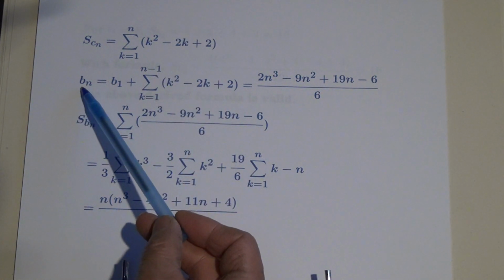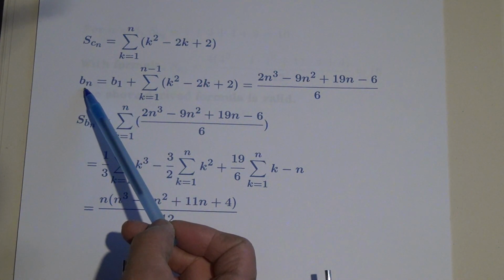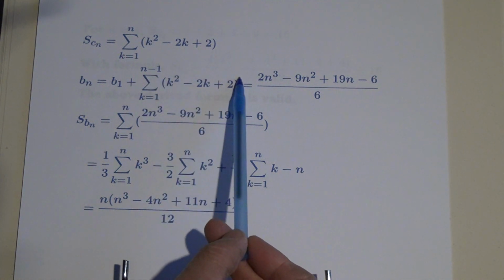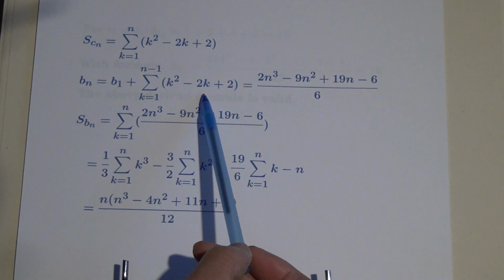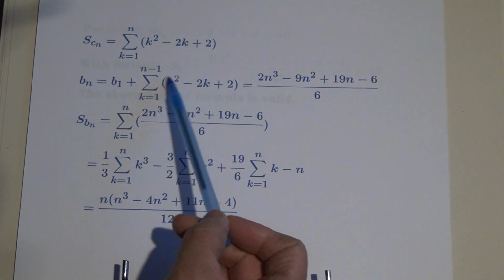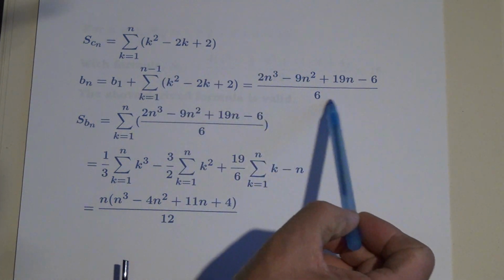Okay? Now, the second subsequence is given by the first value plus the sum of increments, but one less term. Okay? So the first value was 1, and this one expand and simplify, comes out this one.